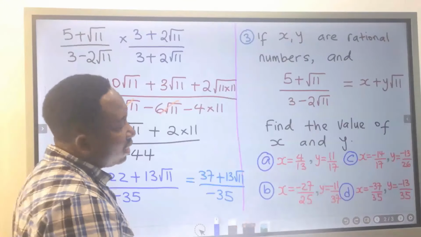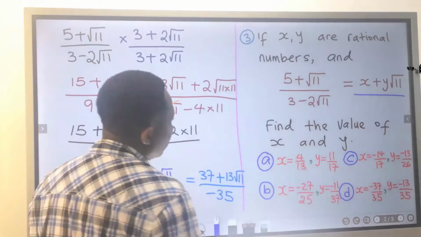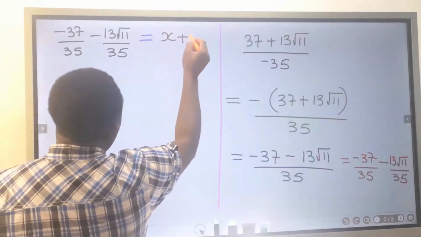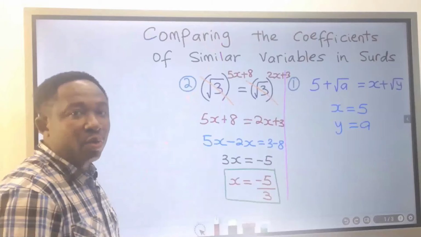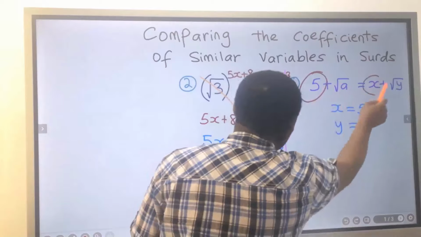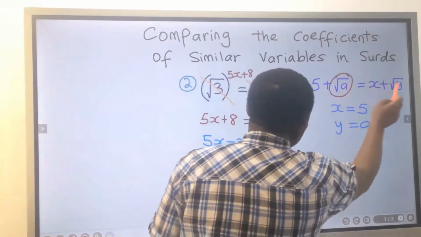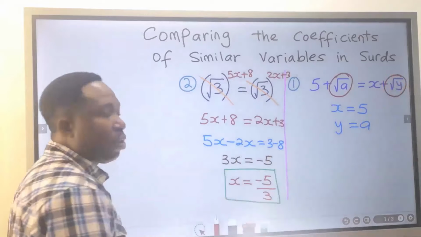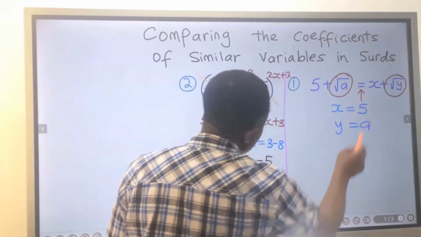I will equate the simplified value to this, which is x plus y multiplied by the square root of 11. I will compare numbers and variables on both sides without the square root. Then I will now compare those with the square root on both sides of the equal sign.